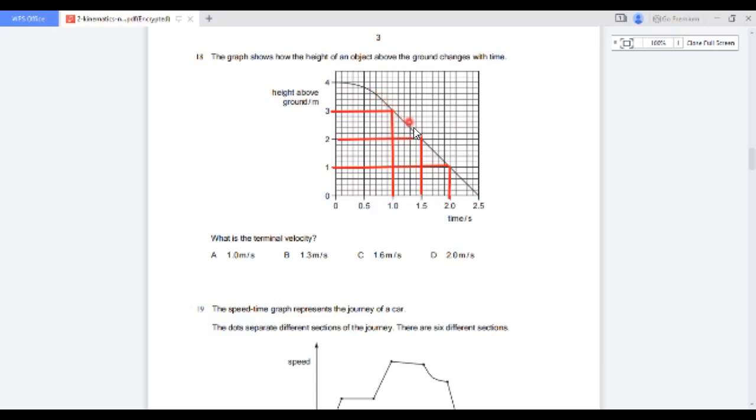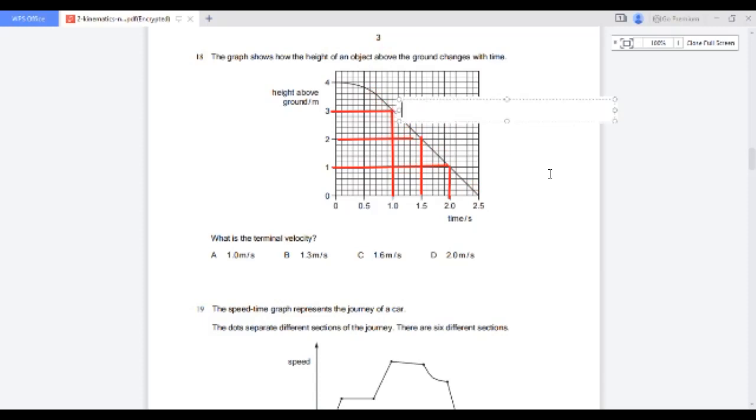After this portion there is a constant decrease, and you know that the gradient of a distance time graph is the speed or velocity. So suppose I consider this point.